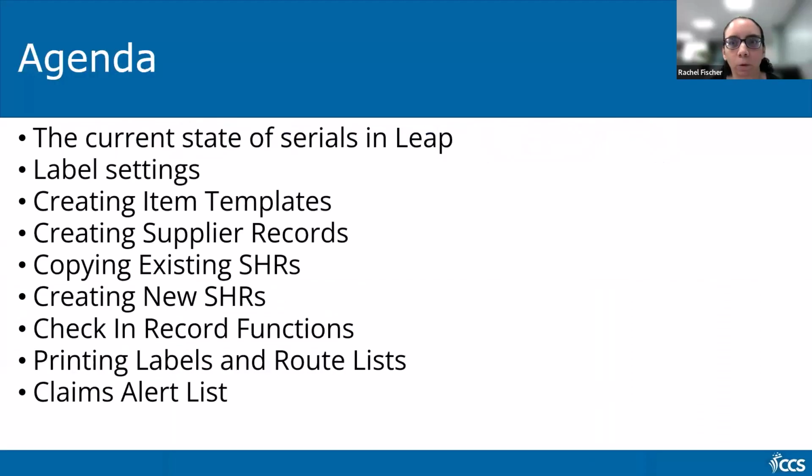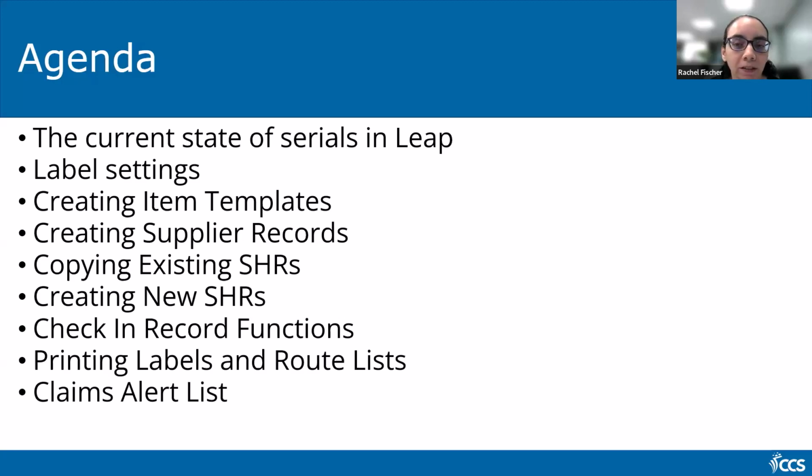So the objective for today's session is to review all the serials functions that are currently in LEAP. I hope this will help you feel comfortable enough with LEAP that you will be interested in trying to make the switch from the client to LEAP. However, it's not required. Like my previous sessions on the updates, I'll begin with an overview of what is in LEAP and what you still need to do in the client so that you can understand the current state of development with LEAP.